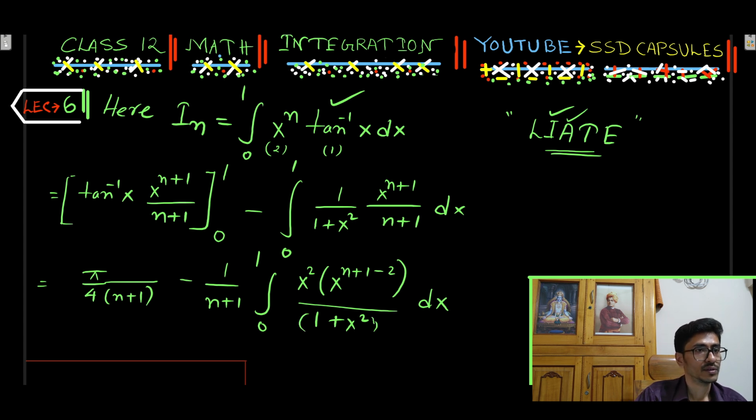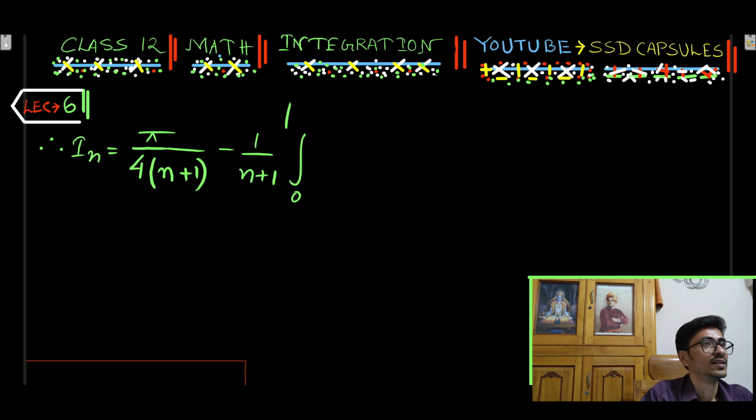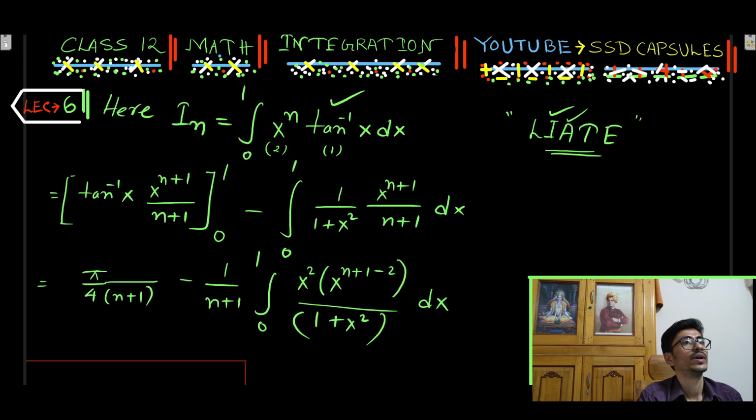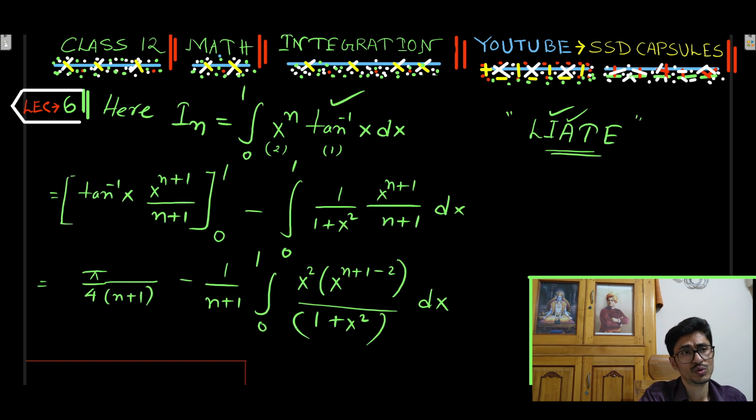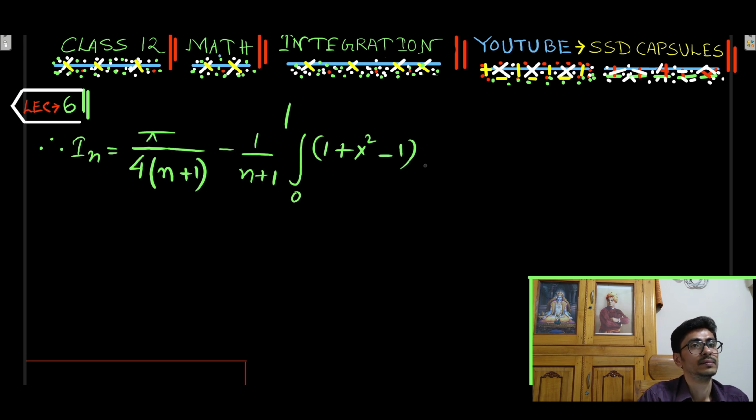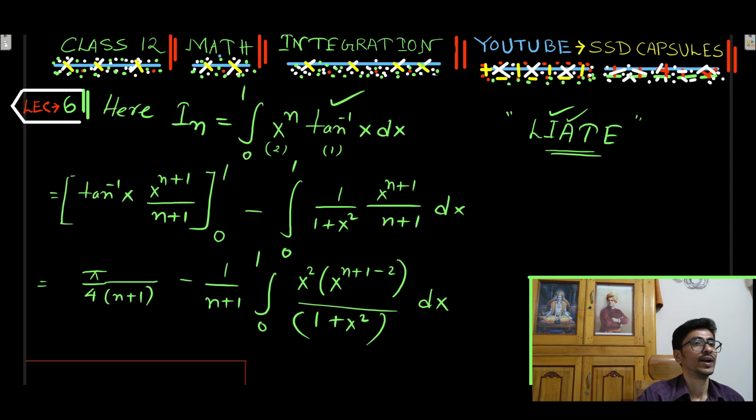So in the numerator part we will bring 1 plus x square to make the calculation easy. So 1 minus 1 by n plus 1, integral from 0 to 1, 1 plus x square minus 1 into x to the power n minus 1 by 1 plus x square dx.